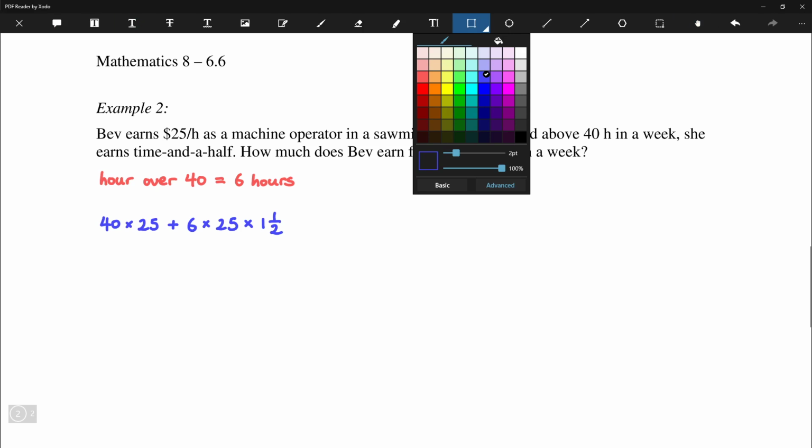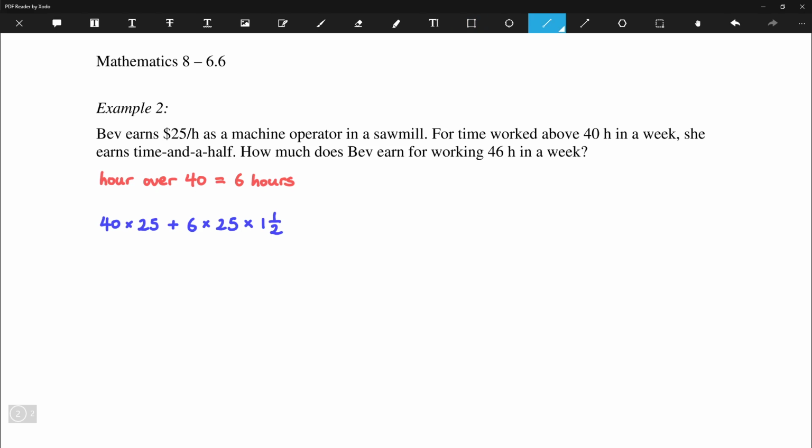In this case, we'll start by multiplying. So we have first 40 times 25, which is equal to 1,000. So this will be 1,000. Plus, and then 6 times 25 times 1.5.